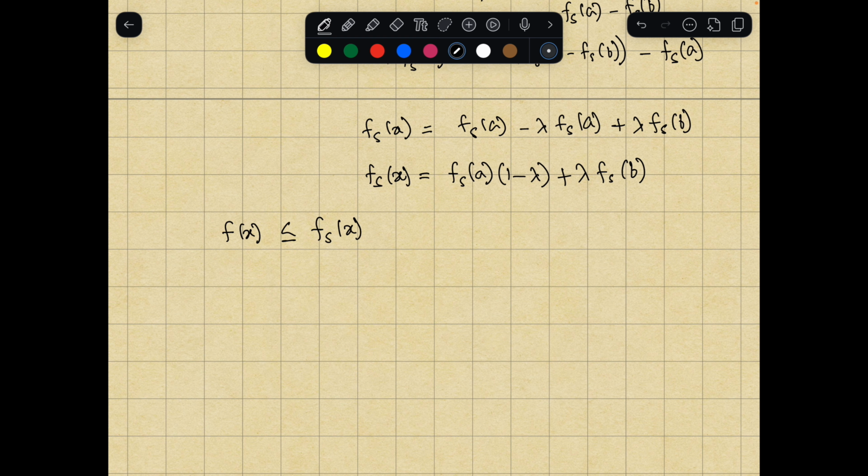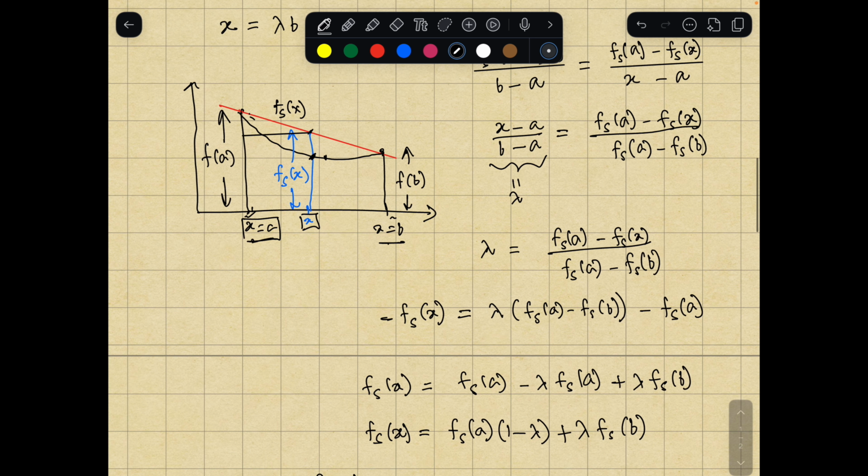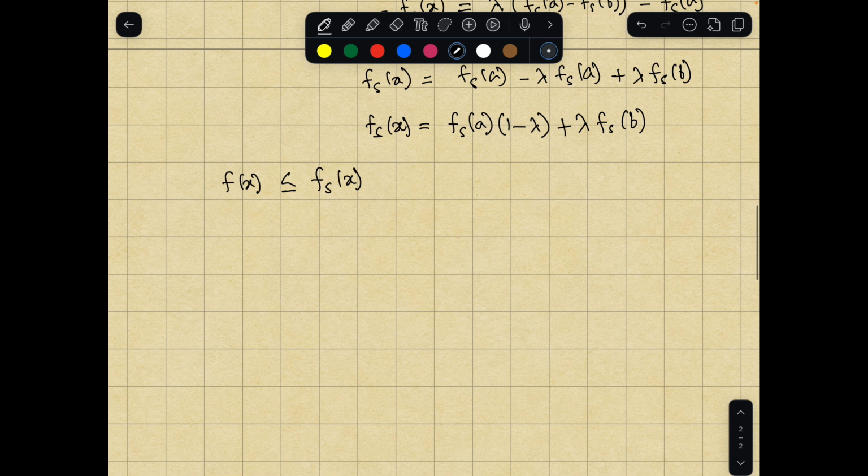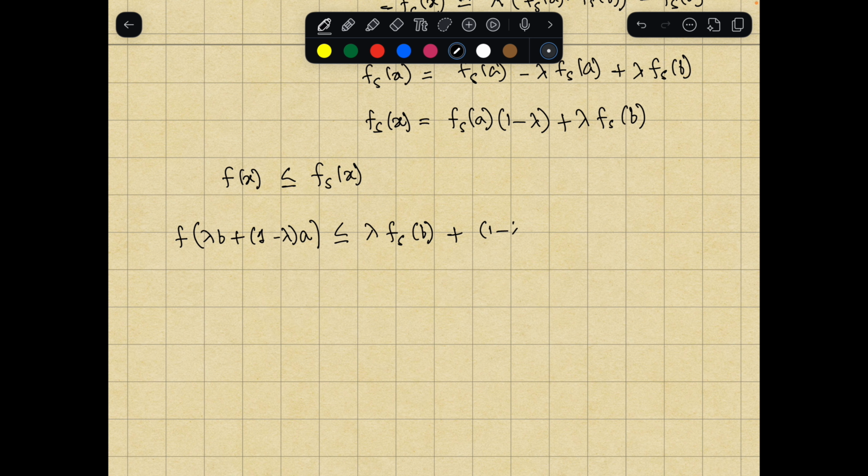Now we substitute our x from this equation, lambda b plus (1 minus lambda) a, so f of this thing is less than, we rewrite it as, lambda fs of b plus (1 minus lambda) fs of a.